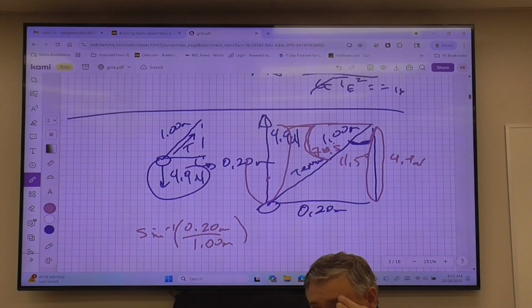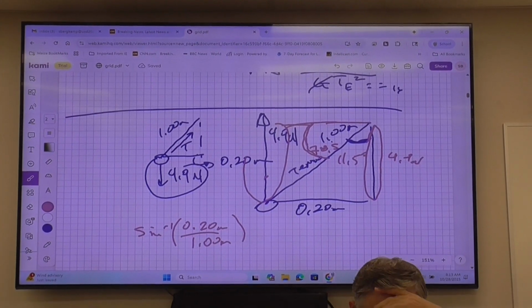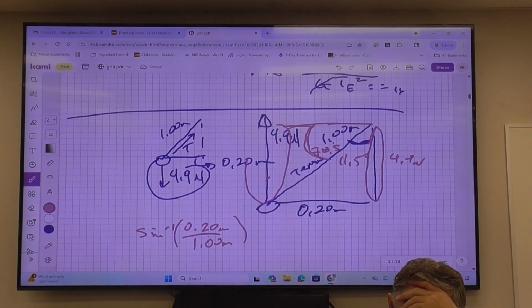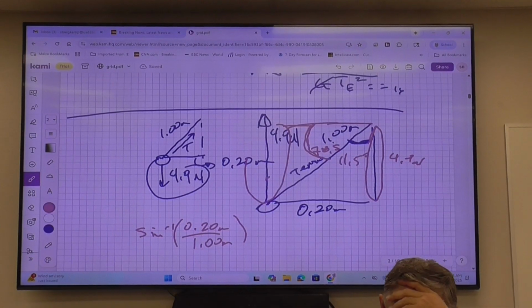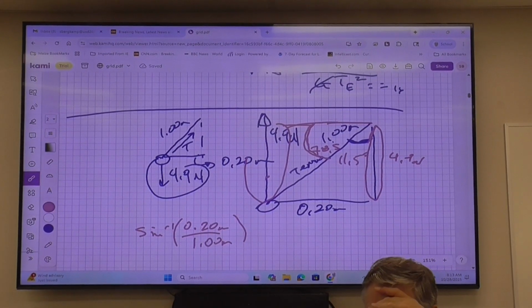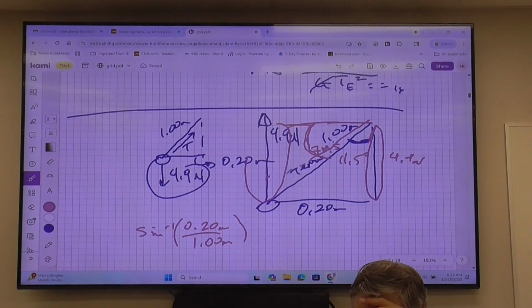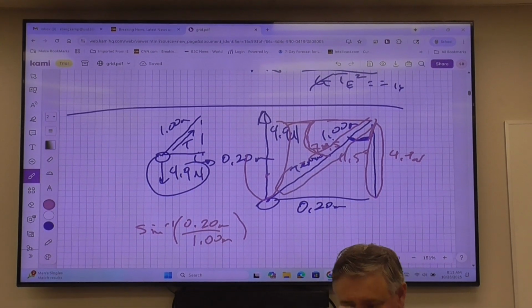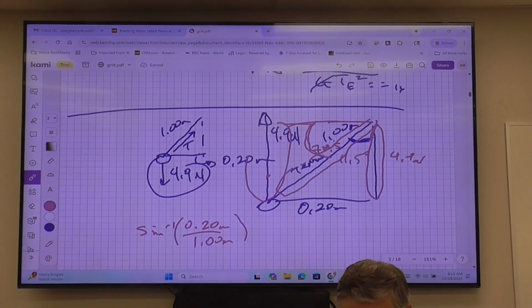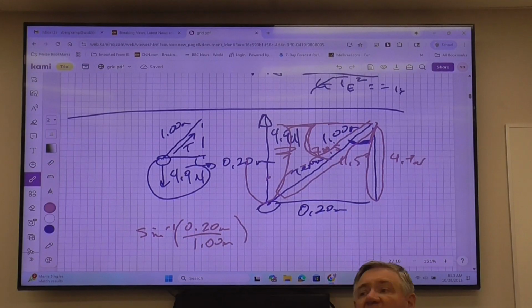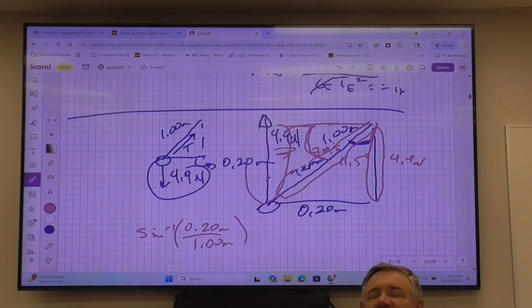So, what I need to find is a couple of things. On this one you want to find the tension. So you're trying to find this side of the triangle, the hypotenuse. Now let's just think this through.